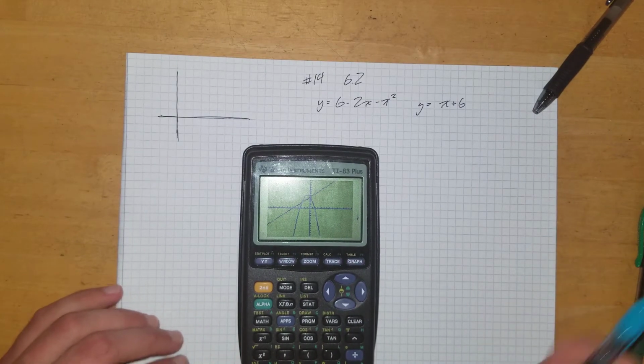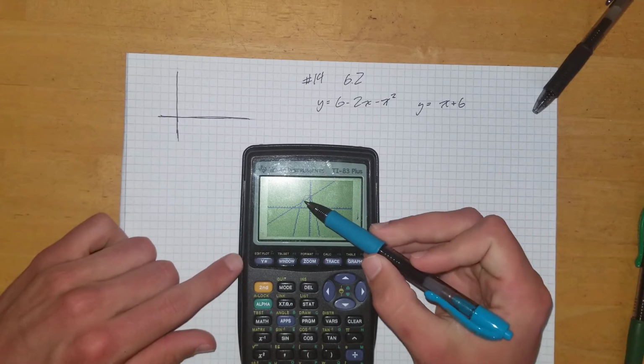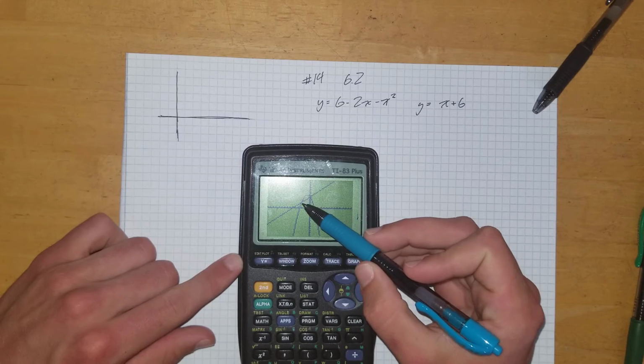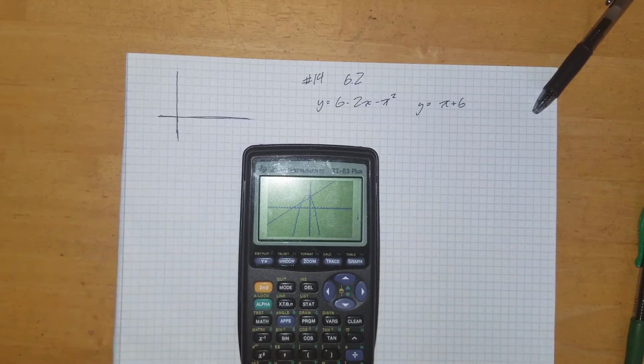Okay, so what we want to do is take this spot where the two graphs overlap. That's the area that we're trying to find.